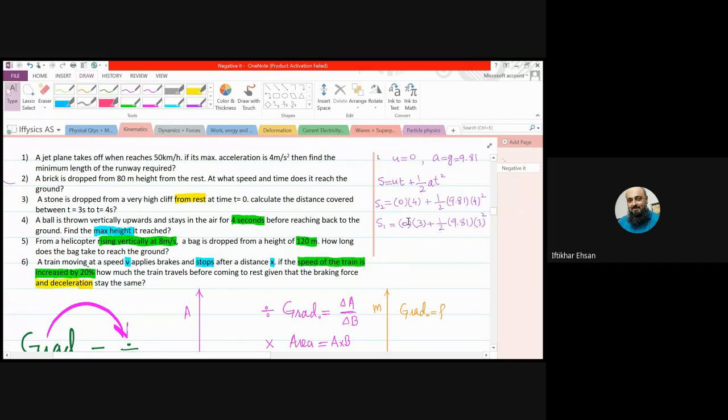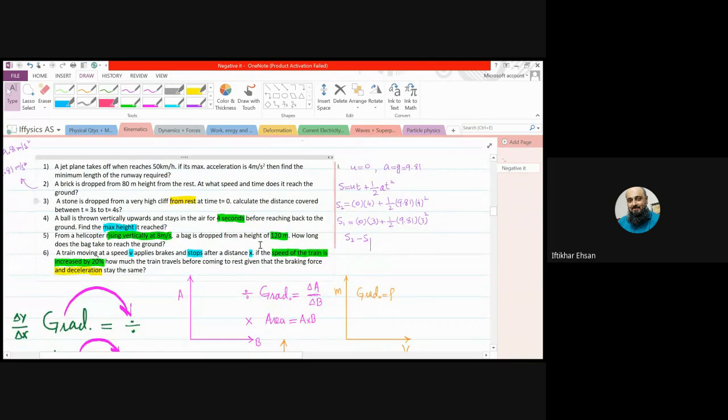Then we will find the total distance covered in the first 4 seconds. That will be S2. The distance in the interval from 3 seconds to 4 seconds will be equal to S2 minus S1. Right, beta ji? Clear? Ji, Amna, is it clear, beta?